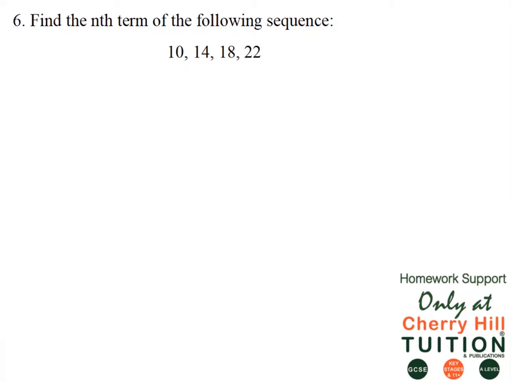Okay, so question 6, we have a question that's asking us to find the nth term of the following sequence. When we have a question like this, the first step is to find the difference between each term. So the difference between 10 and 14 is plus 4.